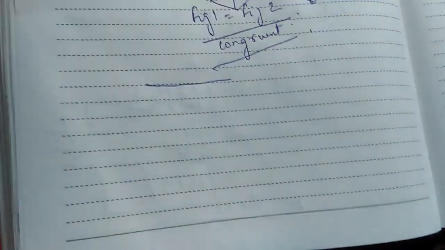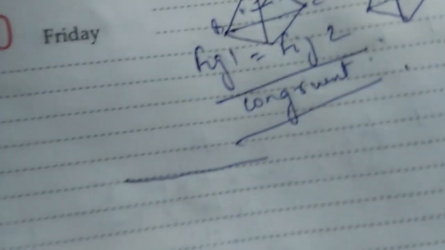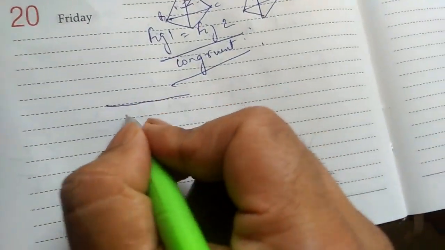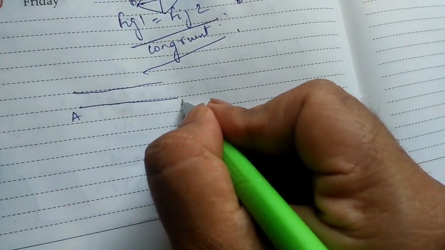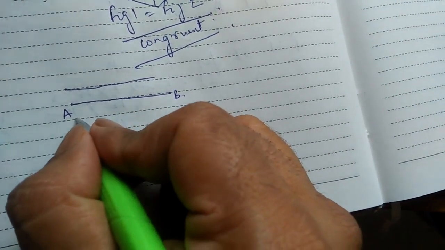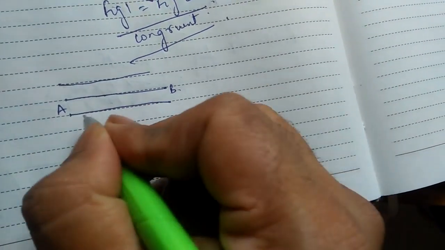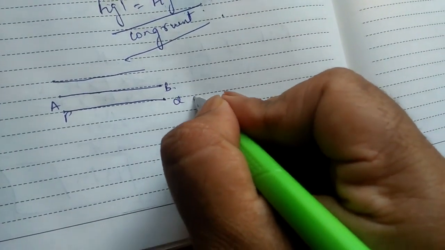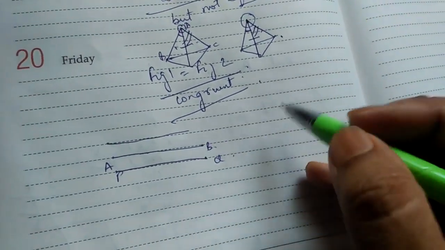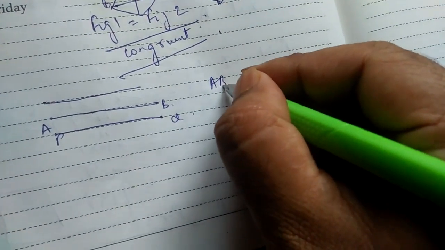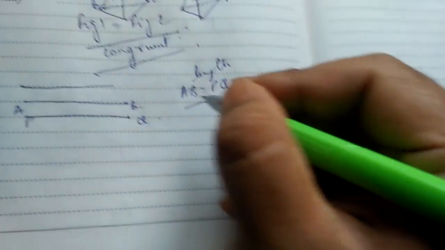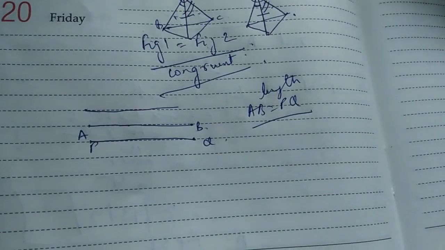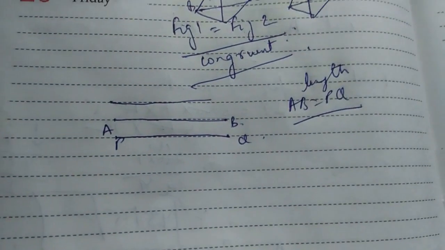Let's say this is a line segment AB, and this is another line segment PQ. If AB is equal to PQ in length, then they are congruent to each other. So that is simple enough.